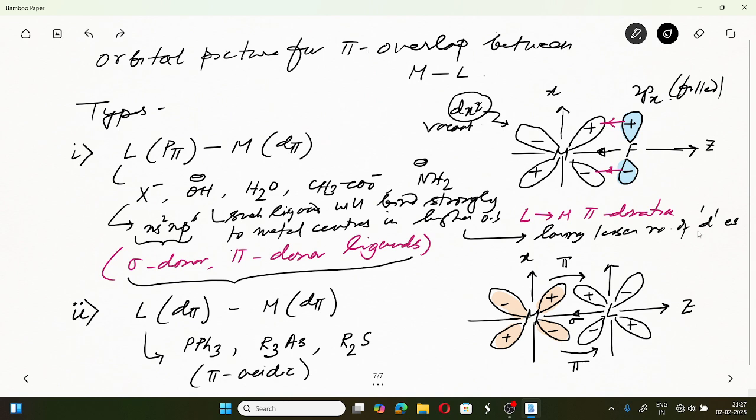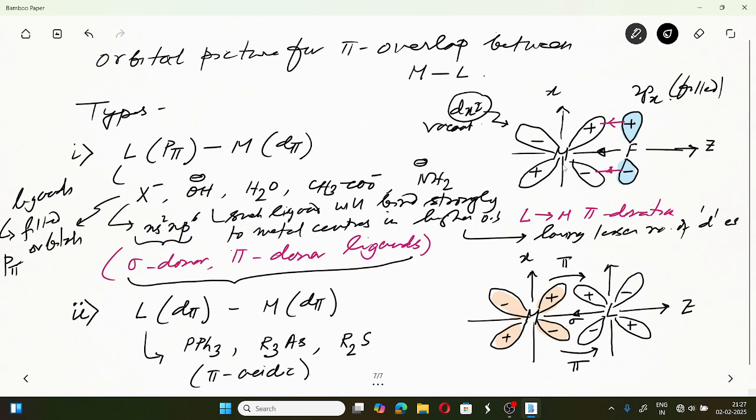These ligands, in the first case, will bind strongly to the metal centers, and the metal centers should be in a higher oxidation state so that they have vacant d orbitals. And the ligands should have filled p pi orbitals, isn't it?